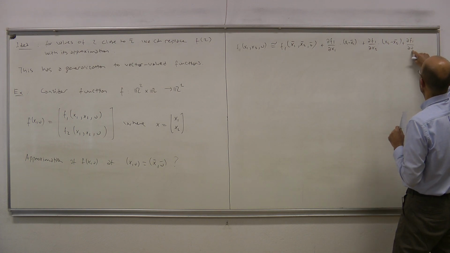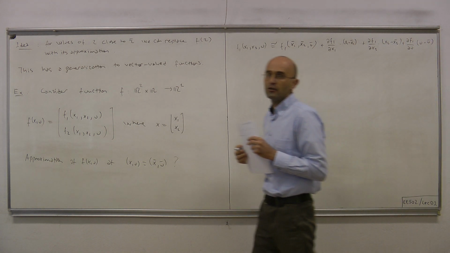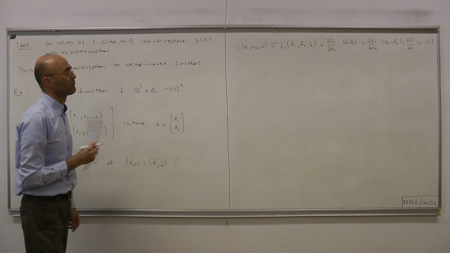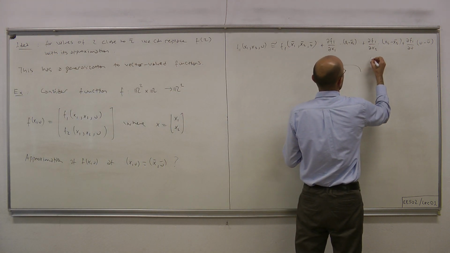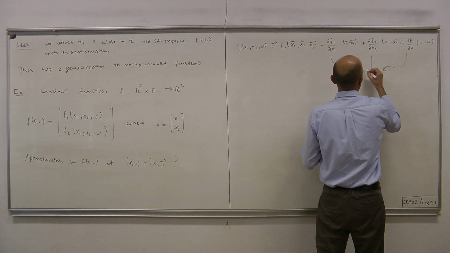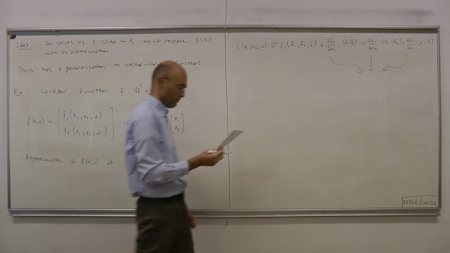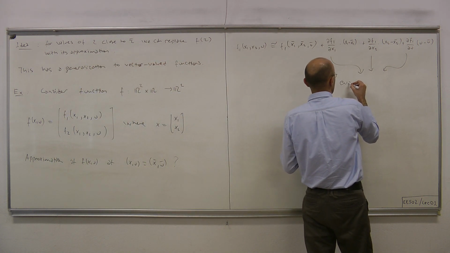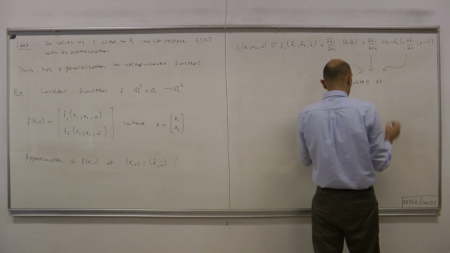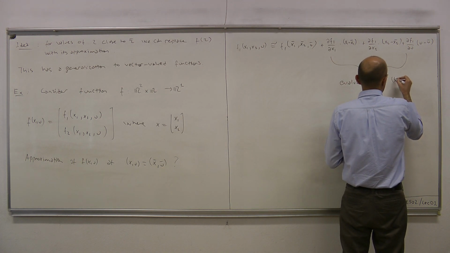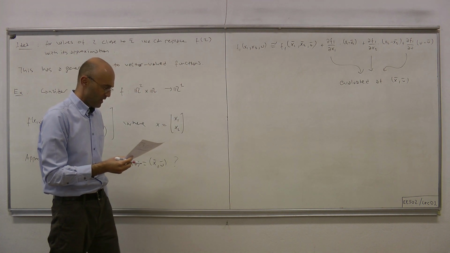Okay, partial derivative with respect to u, and then multiplied by the deviation of the true u from the fixed u. Okay. And these partial derivatives are all evaluated at the point x bar u bar. And x bar is x1 bar, x2 bar.